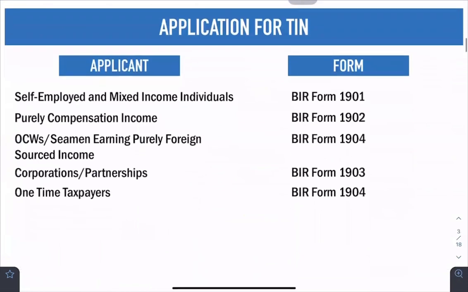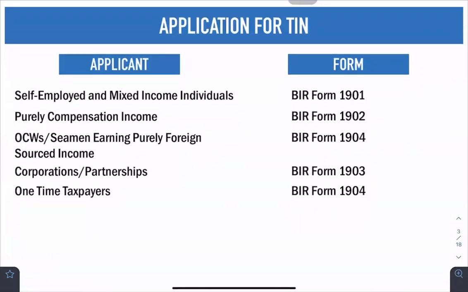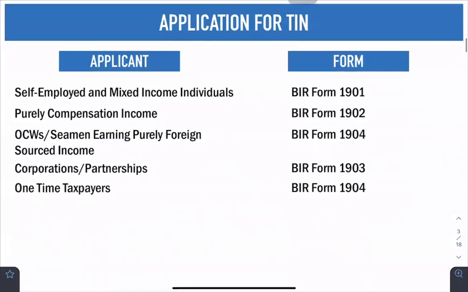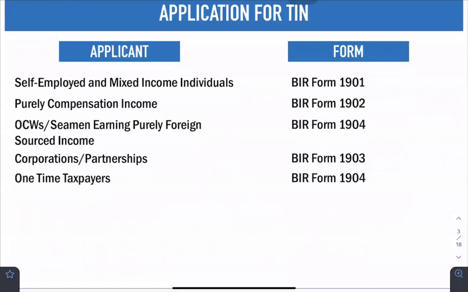Now, let's go to your application of TIN. For application of TIN, we have different forms. You have 1901 until 1904. Earlier in our introduction, we said we need to determine our taxpayer whenever it needs to file a return. So for the return, we need to determine again whether it is an ONET type of transaction or a recurring type of transaction.